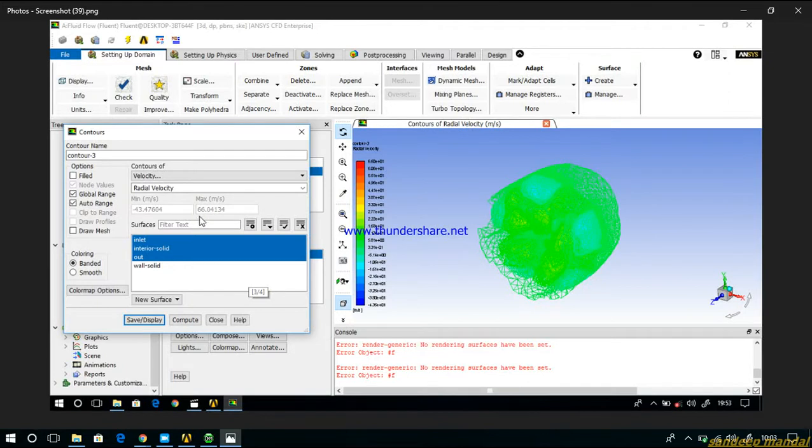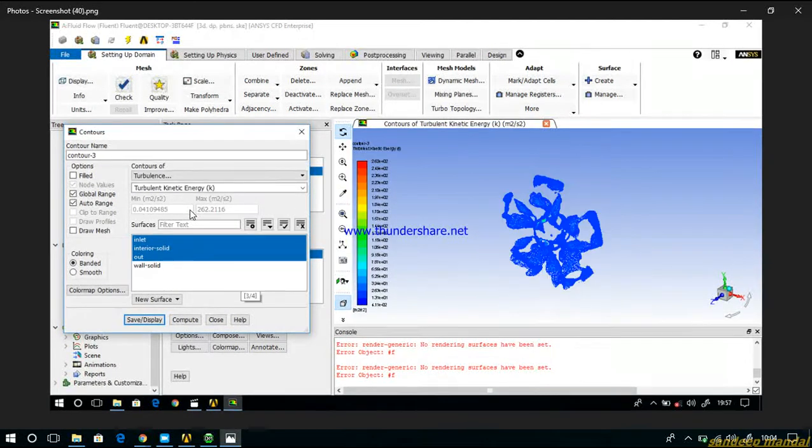Here the radial velocity is 66.043. It is an outward velocity which is diverging at the hub. Turbulent kinetic energy: this is showing turbulent energy in meter square per second square. Depending upon the iteration, we can select the noise level.